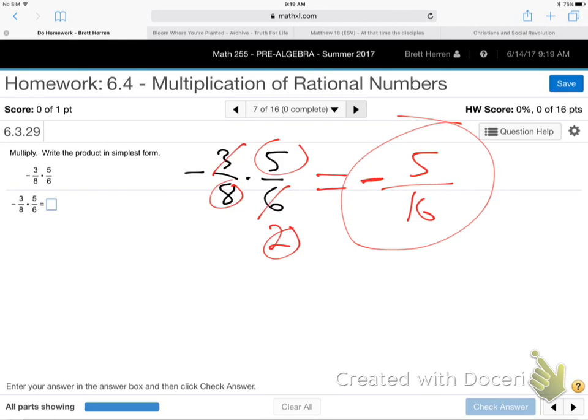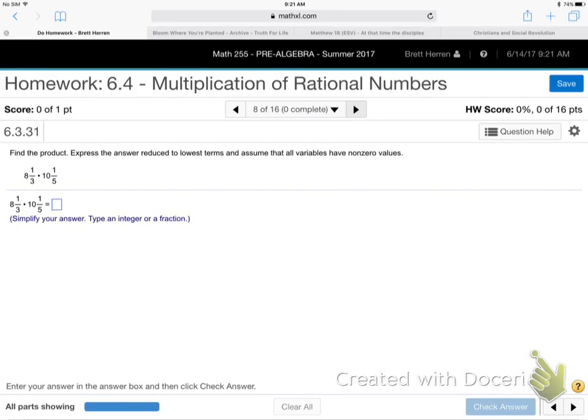All right, I'm going to keep going. So 8 and a third times 10 and a fifth.